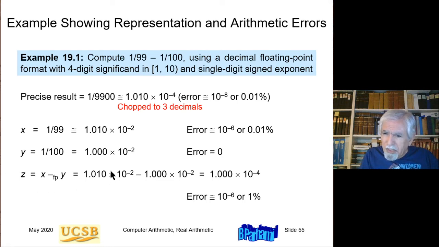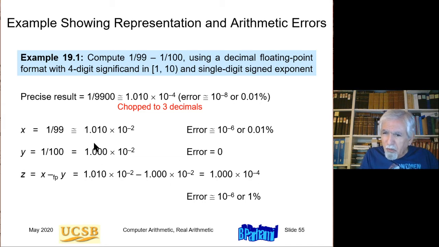So we take the two numbers, the exponents are equal, so we just subtract the significands. The ones cancel out, so I get 0.01, and then I normalize, and I get 1 times 10 to the minus 4.